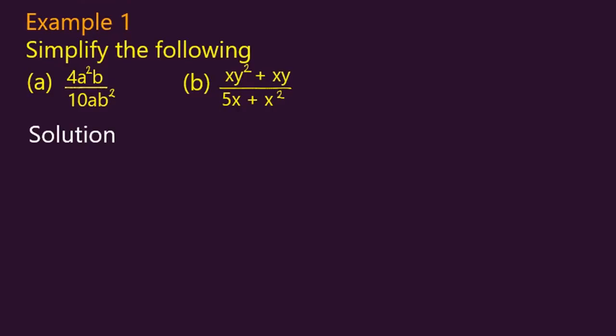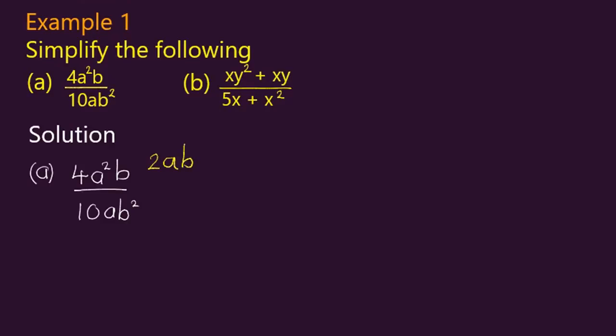Okay, so for part A, where we have 4a squared b divided by 10ab squared, what you do is you look for the highest common factor for both the numerator and the denominator. I'm seeing here that the HCF with our 4a squared b and 10ab squared on the denominator should come out as 2 for the numbers, and for the terms in a, that's a, and for the terms in b, that's b.